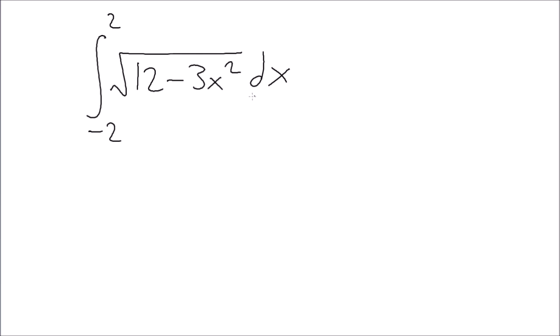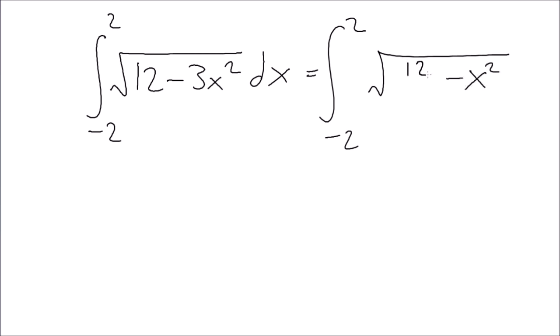So to do that, we go ahead and divide by 3, or technically factor out 3. So that's x squared, 12 divided by 3. Then again, we technically factored out the square root of 3. Okay. What is this? Square root of 3, from -2 to 2.